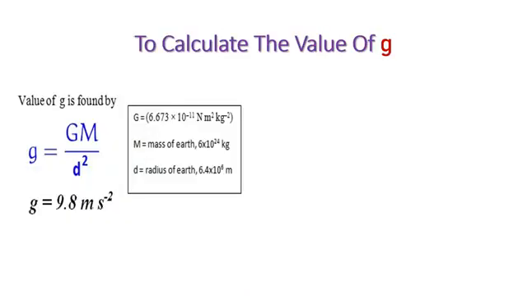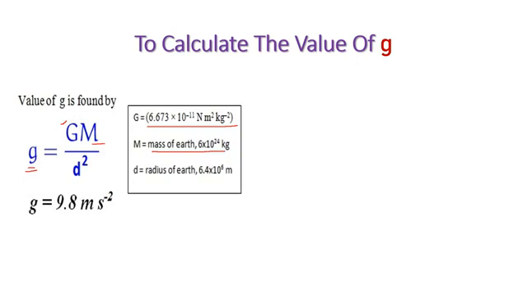Now let's calculate the constant value of g. We know the formula: small g equals capital G into M divided by d square. Capital G stands for the universal gravitational constant, and capital M is the mass of the earth, children. You don't have to learn it by heart; if needed, the value will be given in the question itself.